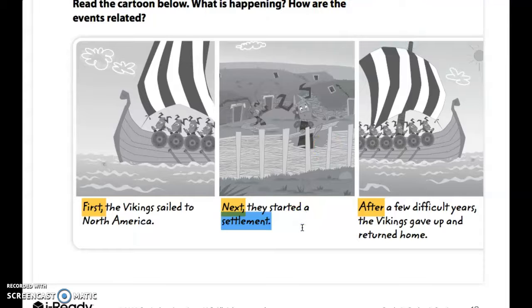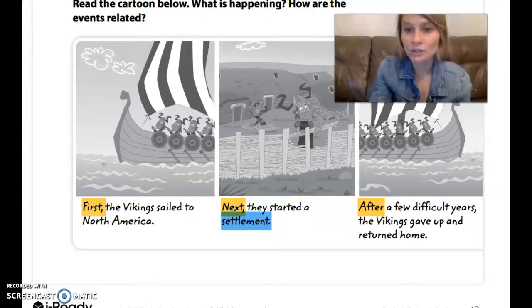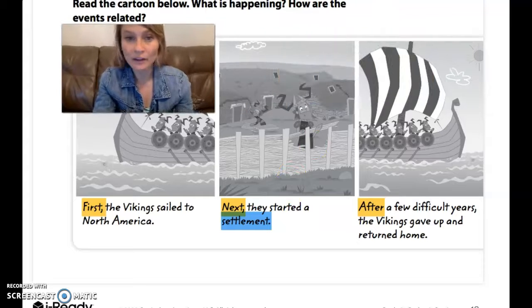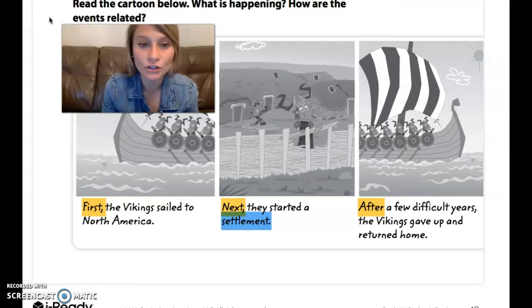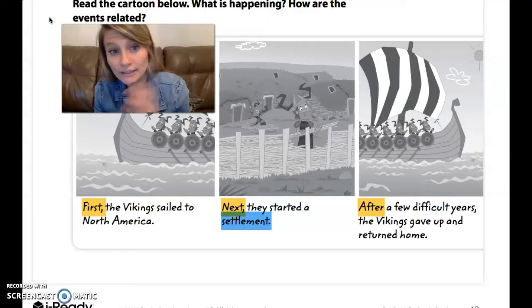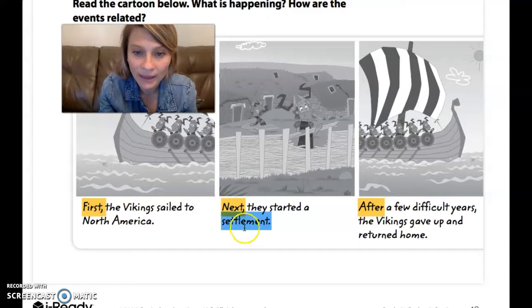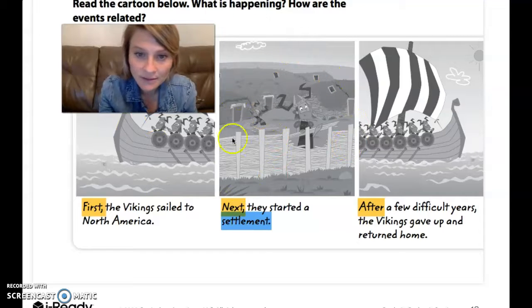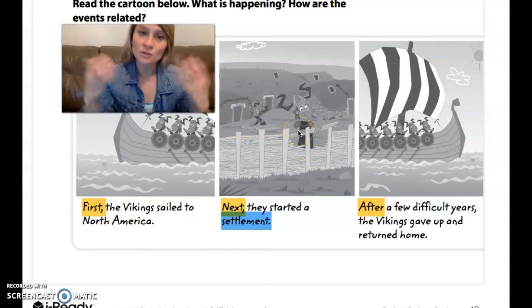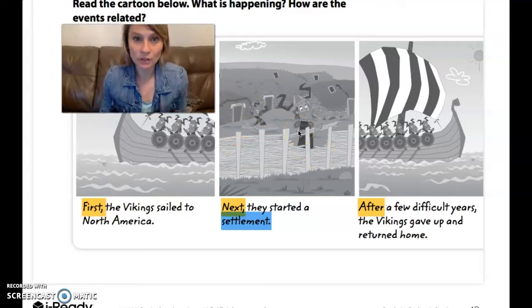What's a settlement? I want you guys to look at the picture, because whenever we're not sure about unknown words, remember, good readers, when you do context clues, you are looking at the pictures and words around the word that you don't understand. So a settlement looks like, I can see some houses, a fence, look, they're building. So a settlement is they're trying to build a little village.